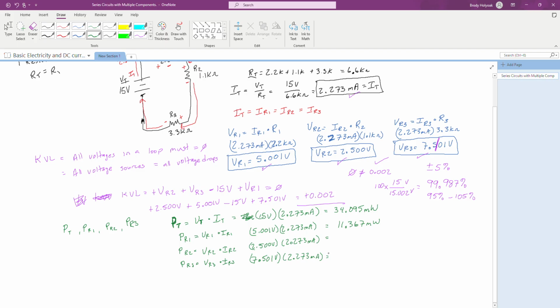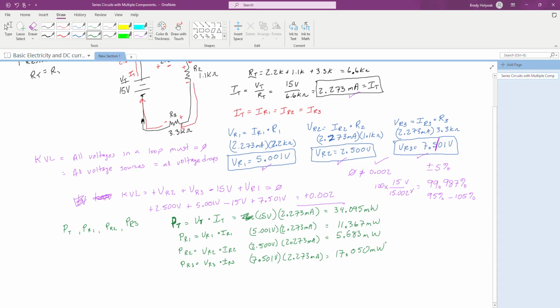When I plug that in, that gives me 5.683 milliwatts. And my last one is 7.501 times my 2.273 milliamps, and I get 17.050 milliwatts.